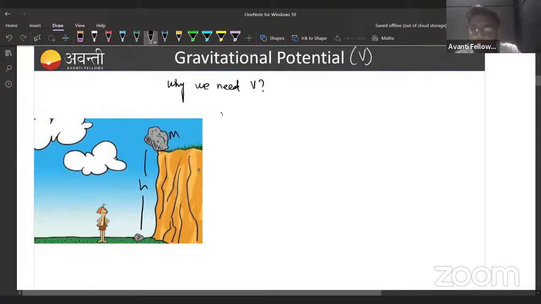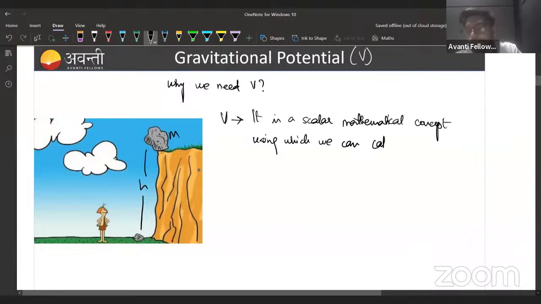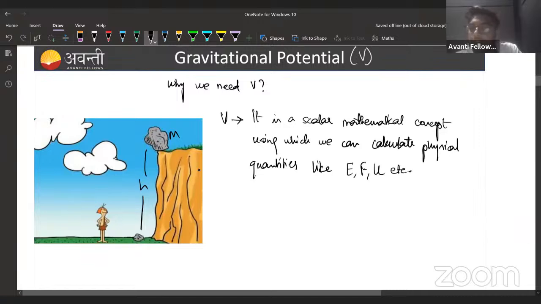If you want to write down gravitational potential, the definition is: it is a scalar mathematical concept using which we can calculate physical quantities like gravitational field, force, potential energy, etc. This is important. Write it down. It will be helpful.